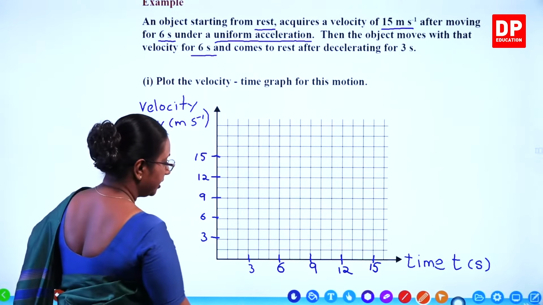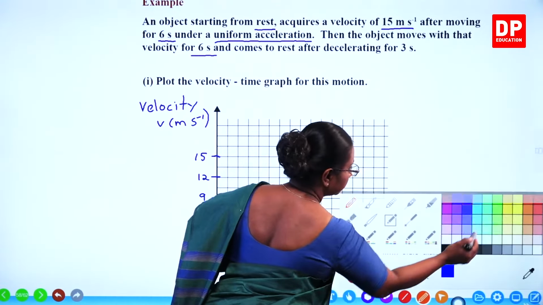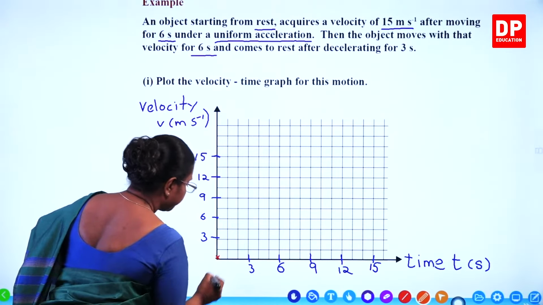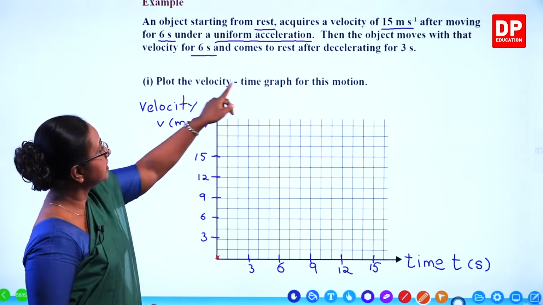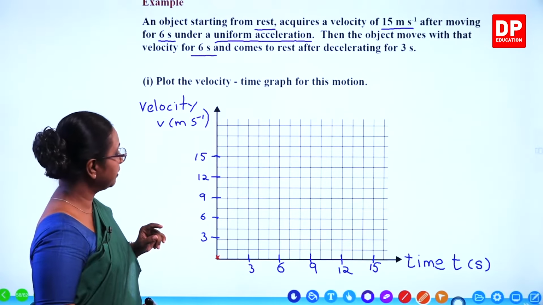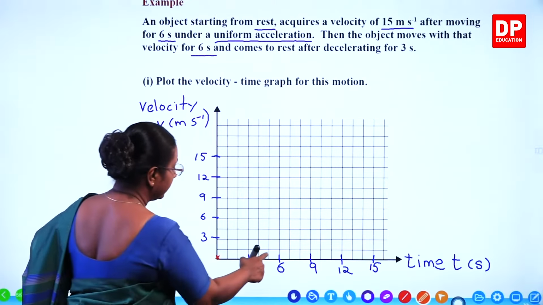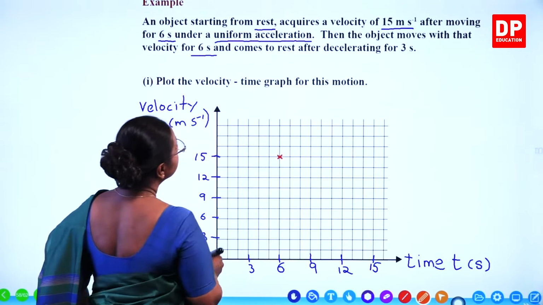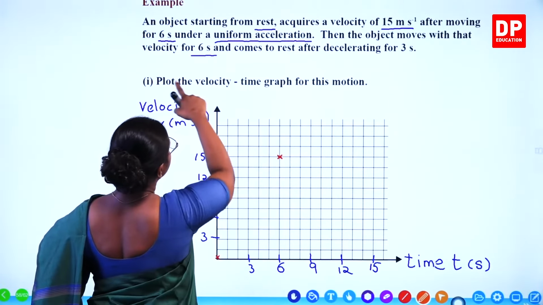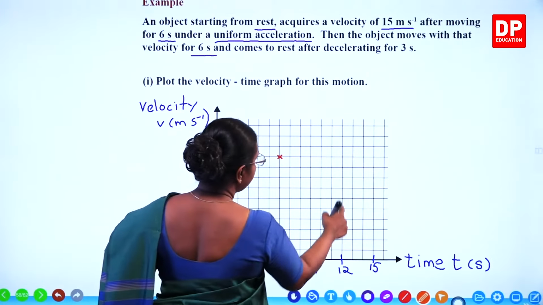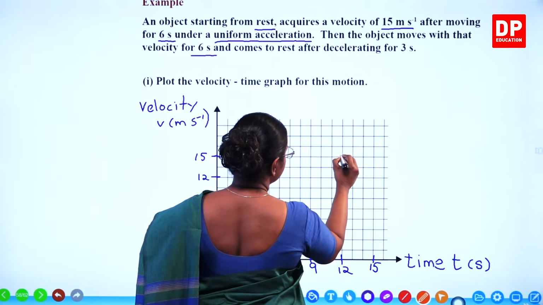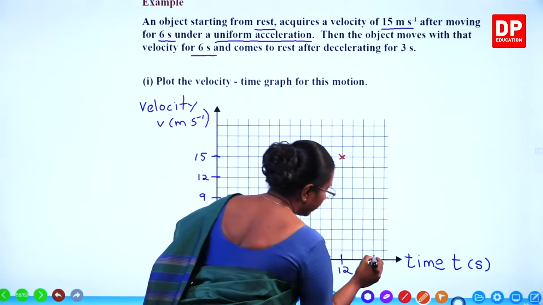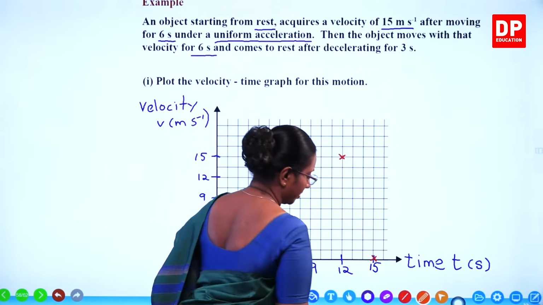So initially the object starts at rest. Then it accelerates and reaches a velocity of 15 meters per second in 6 seconds. So we will have the next point here, and thereafter it moves with the same velocity for another 6 seconds. So that is until 12 seconds, and finally it decelerates and comes to rest.